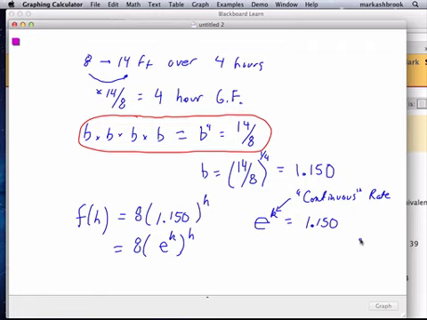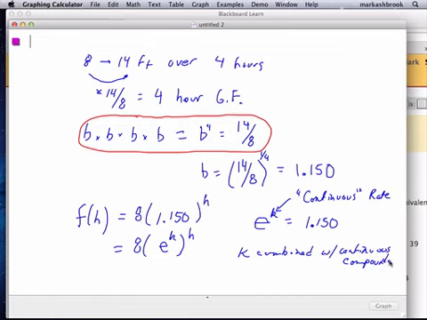Remember what the continuous rate is. The idea of the continuous rate is that this continuous rate K combined with continuous kind of what we think of as compounding. Hold on a second.